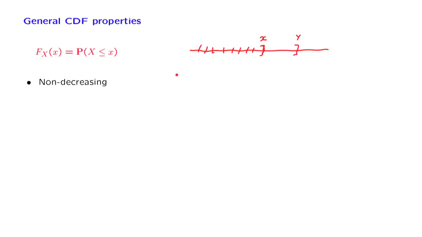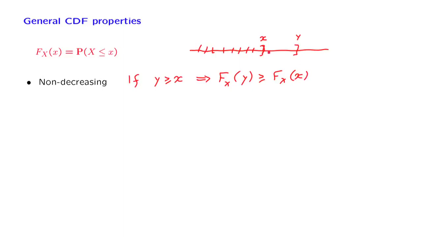And this translates into the fact that the CDF is a non-decreasing function. If y is larger than or equal to x, as in this picture, then the value of the CDF evaluated at that point y is going to be larger than or equal to the CDF evaluated at that point little x.